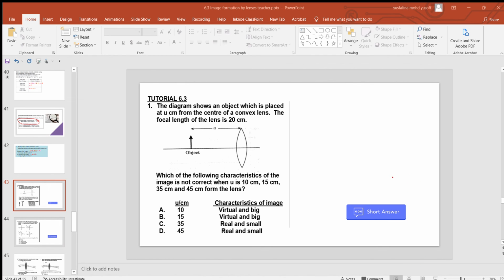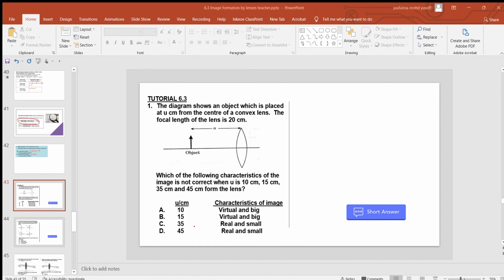When it is negative and I move it across, it becomes positive. So this is the equation that you will get: 1 over f equals 1 over u plus 1 over v. We call this the lens equation. That is the equation that relates the object distance, the image distance, and also the focal length.